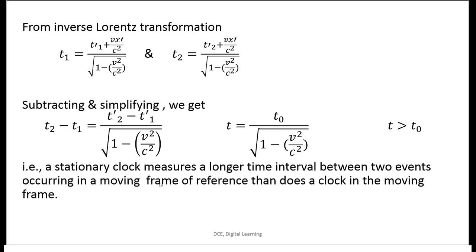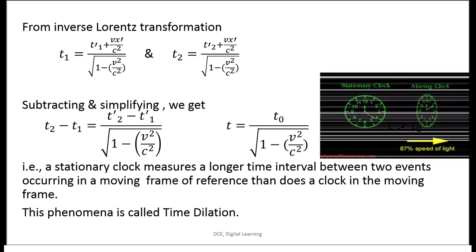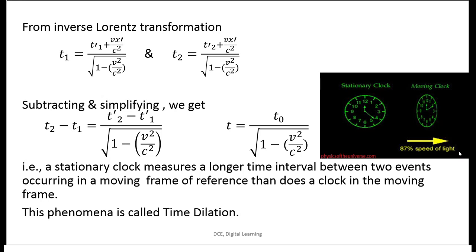That is, a stationary clock measures a longer time interval between two events occurring in a moving frame of reference than does a clock in a moving frame. This phenomenon is called time dilation. Look at this example. A stationary clock measuring two clocks in some frame.